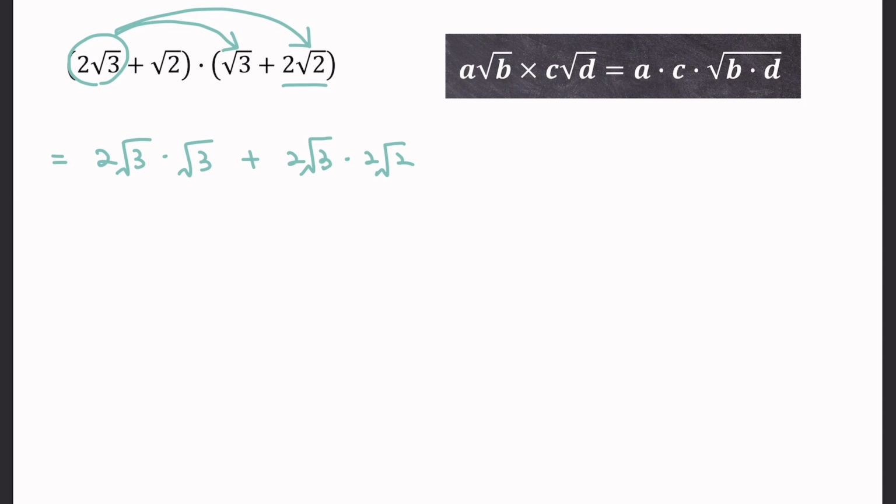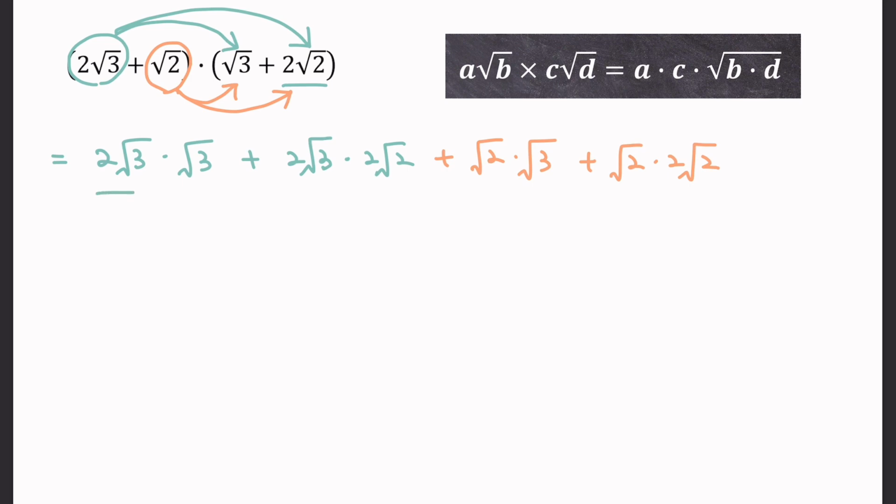And then the next step is to distribute square root of 2 to both terms that come later, and that'll give me square root of 2 times square root of 3 and square root of 2 times 2 square root of 2. Alright, so first step is done.